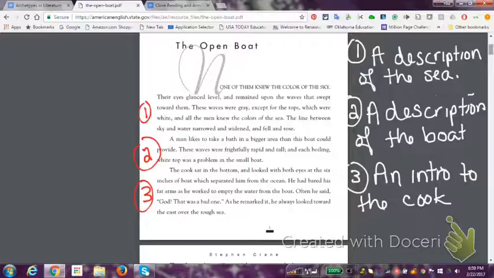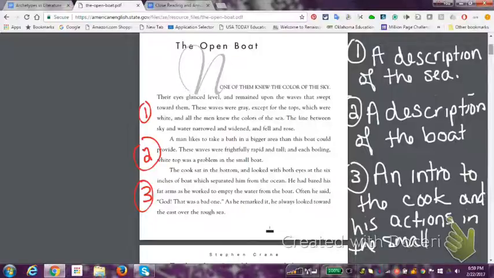Cook and his actions in the small boat. Period. That's it. Okay? You will be doing that with every paragraph.